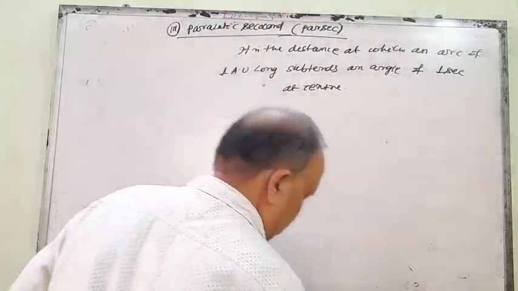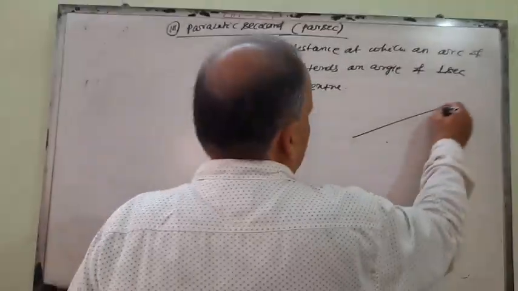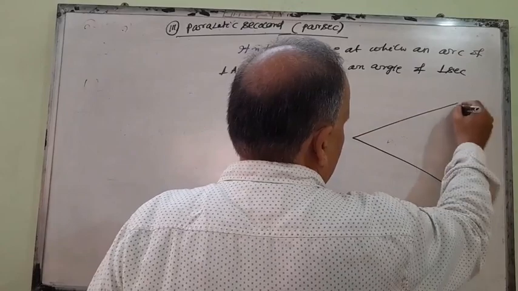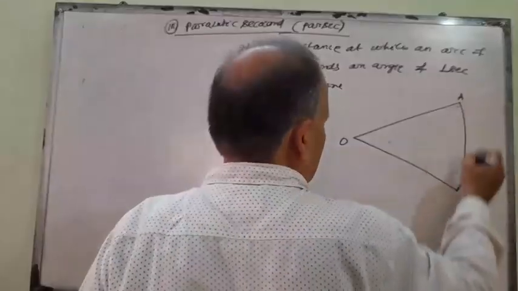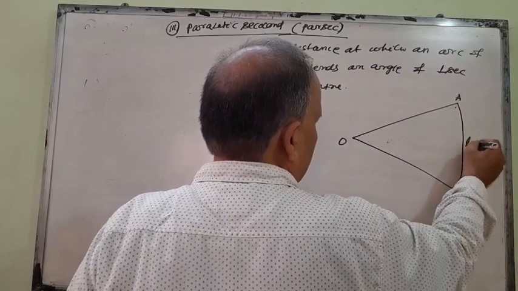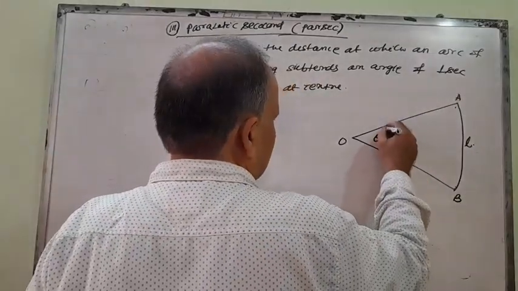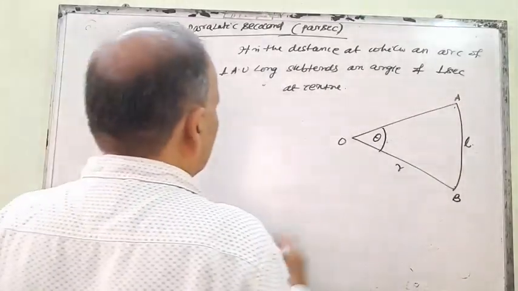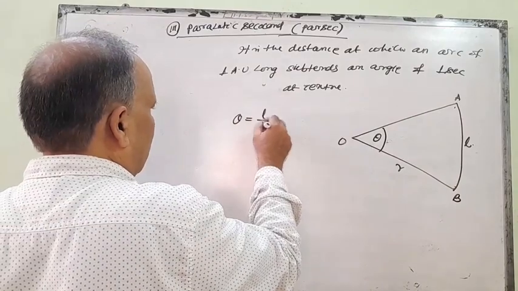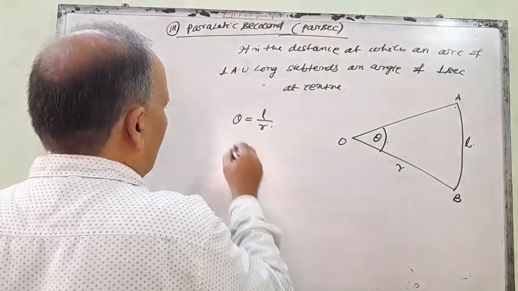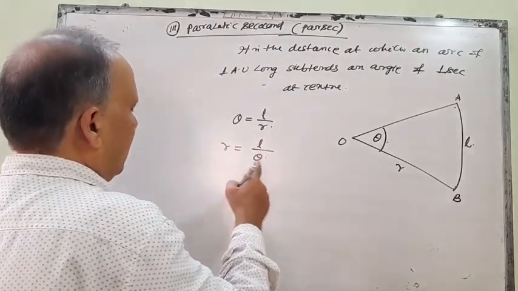You see, what is a parallactic second? You see, this is an arc OAB. Suppose this is your arc length, this is your radius and this is your theta. You know the relation: theta is equal to L by R, so R is equal to L by theta.